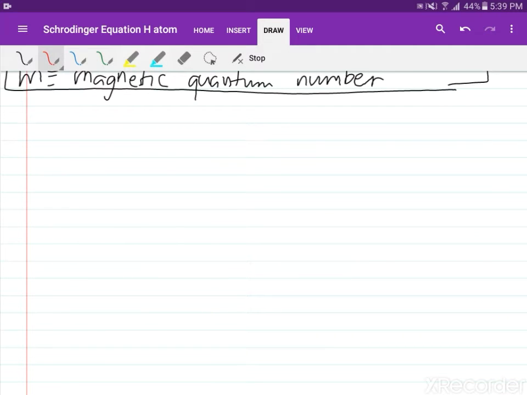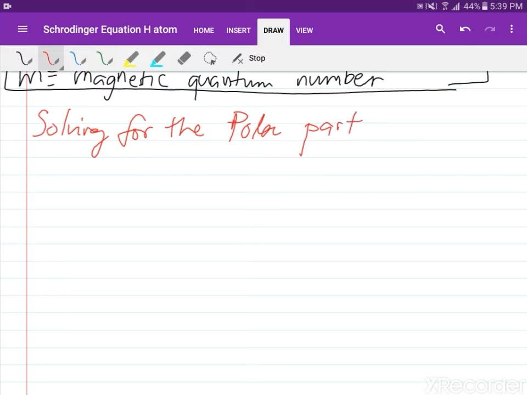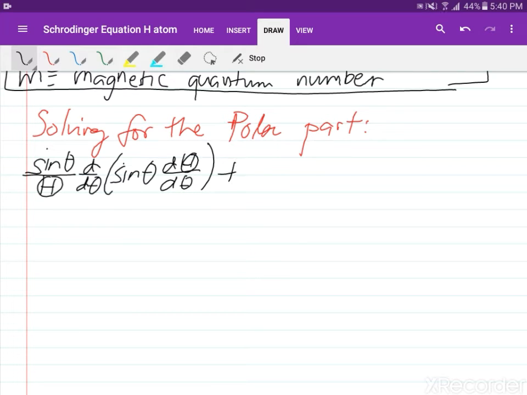So our polar part of the angular equation will now be written as: sine theta over capital theta, d d theta of sine theta d capital theta d theta, plus a sine squared theta minus b, but since b is now equal to m squared, we have minus m squared equals 0.